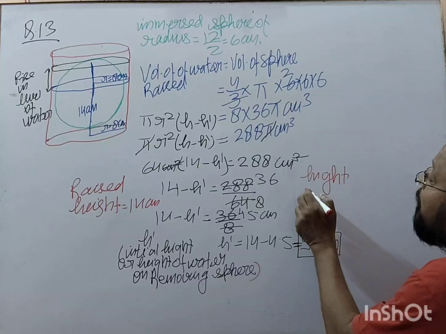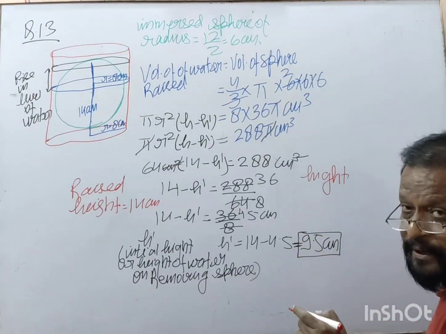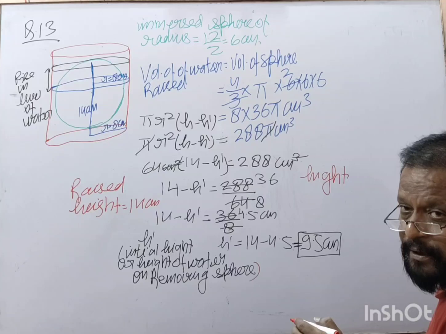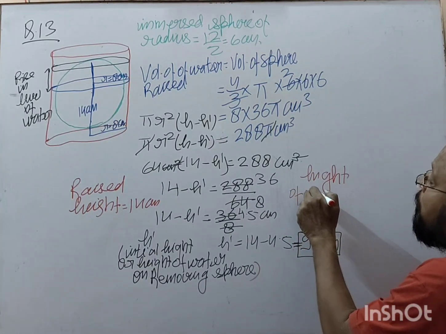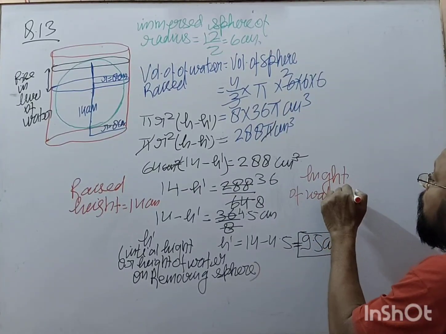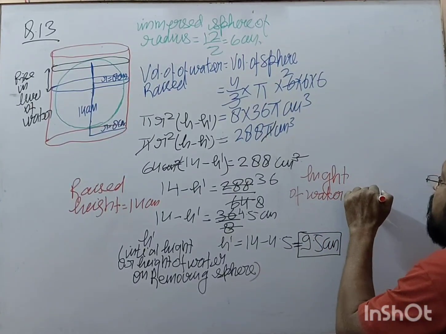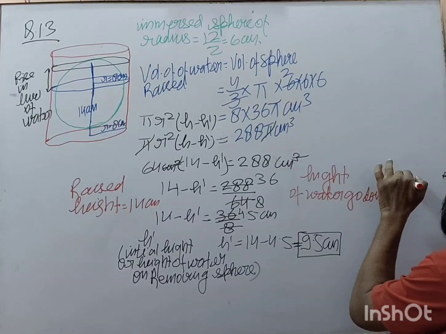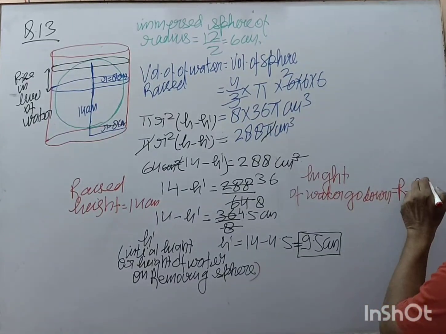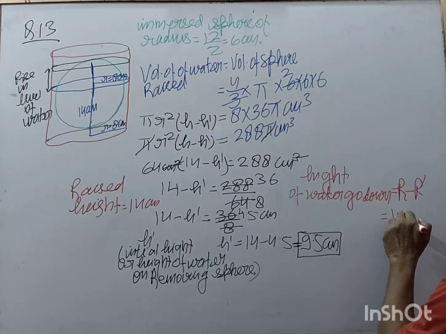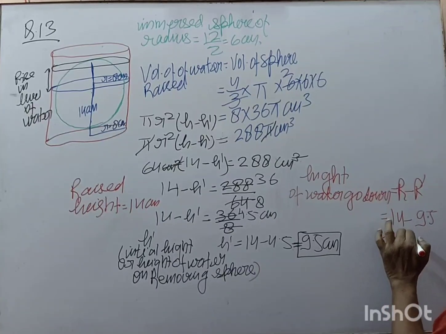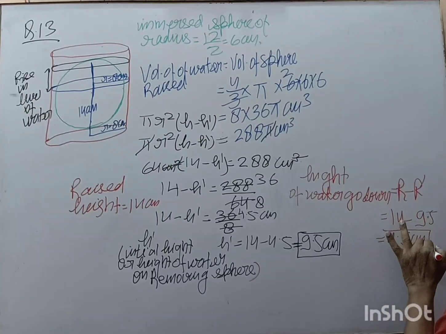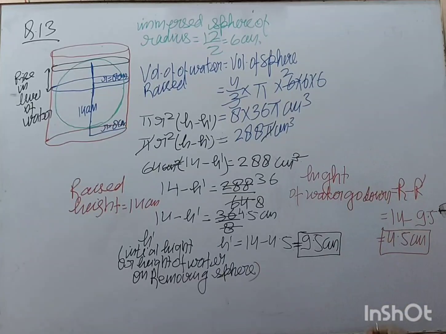Height of water go down is equal to 14 minus 9.5, which becomes 4.5 centimeter, right? The answer is 4.5.